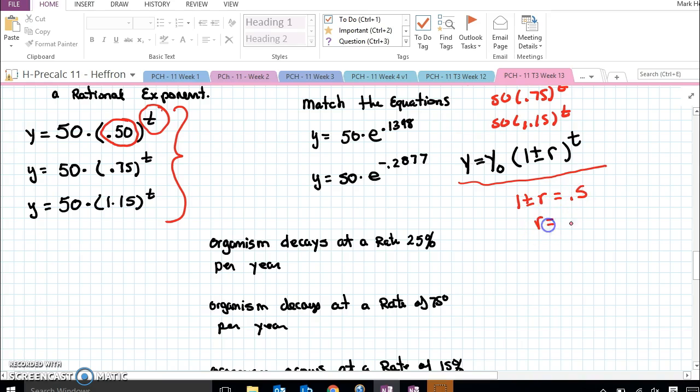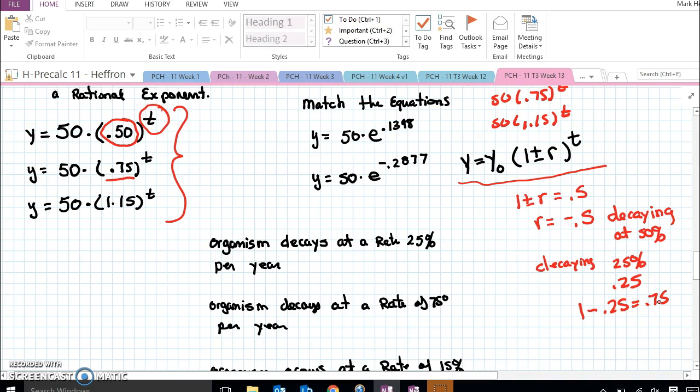Therefore, r must equal negative 0.5. So we are decaying at 50%. So for this one, if we have 0.75, we are decaying at 25%, or 0.25, because 1 minus 0.25 equals 0.75.